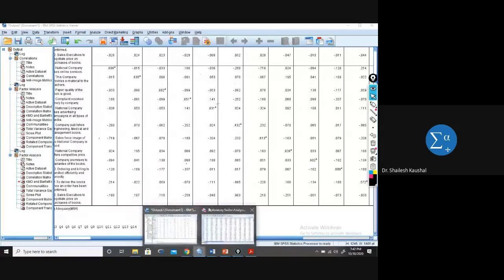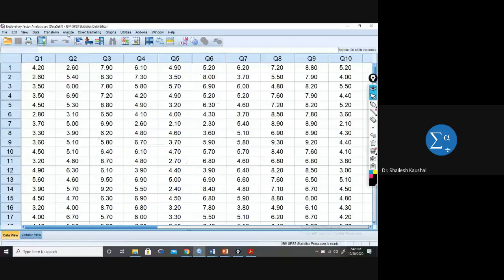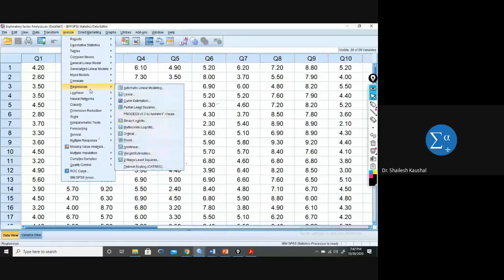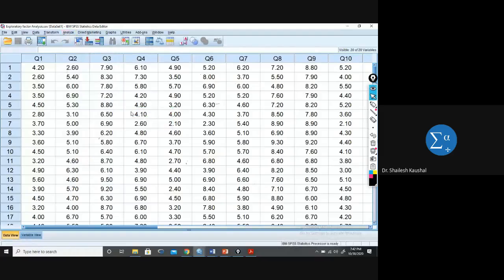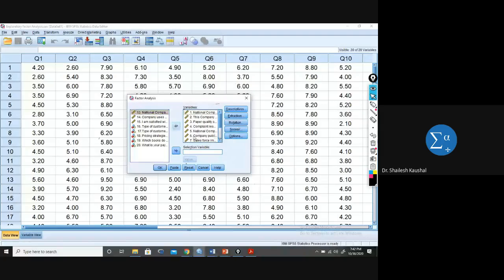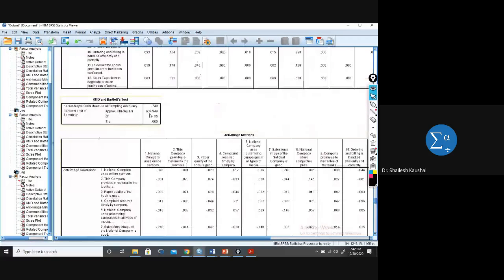Now I am again removing the dimension reduction factor question number 6. Okay, and how many questions now? 3 questions I have deleted. Now I am performing the exploratory factor analysis. Now what is the KMO value? It improves again. Its value is 0.750.